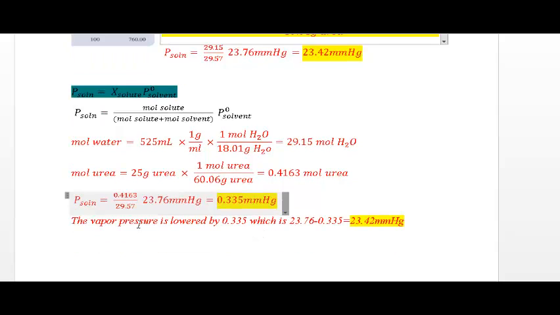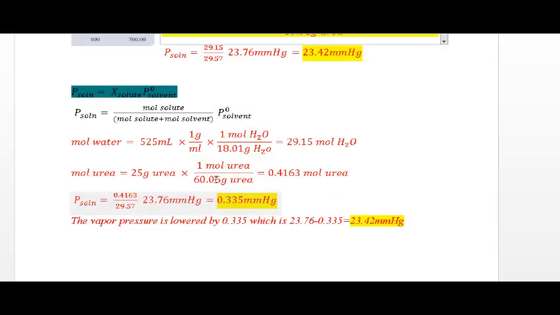So we know that vapor pressure lowers when we add a solute to a solvent, and so the vapor pressure is going to lower by 0.335. So 23.76, the original vapor pressure of water by itself, minus the change, 0.335 millimeters of mercury, will give you 23.42 millimeters of mercury, and that is the same.